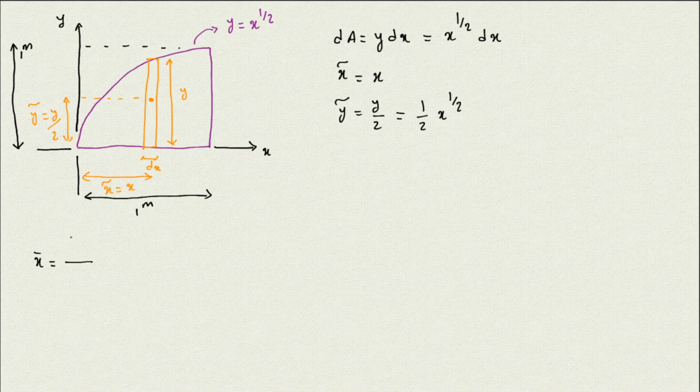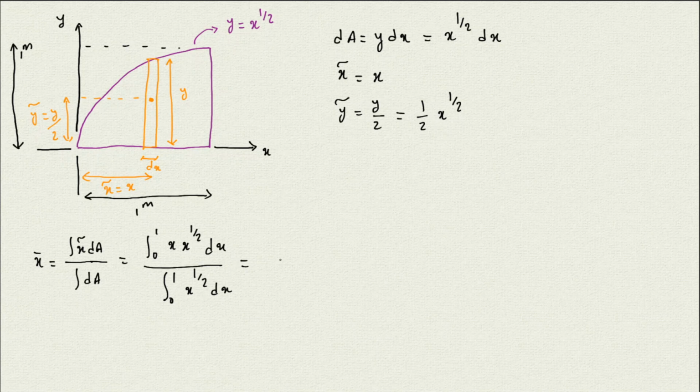So this one is going to be, again, the integral of x dA over the integral of dA, and we are integrating over x, so it's going from 0 to 1. This value is x, and dA is x to the power of half dx, and the integral of dA is just 0 to 1 again, x to the power of half dx.